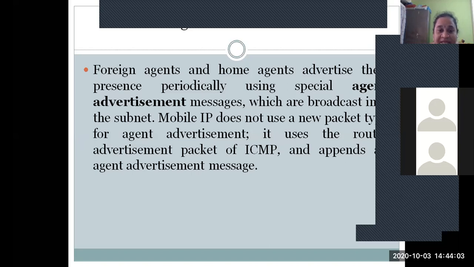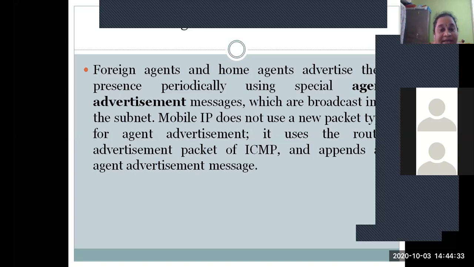Here, foreign agents and home agents advertise themselves periodically using special messages called agent advertising messages. Mobile hosts are searching for the agents that are nearby to give their identification. Why? Because mobiles have to get identified and their connection has to be built up with the partners.